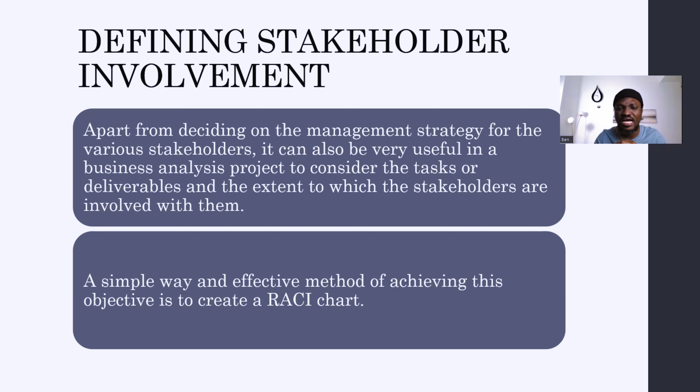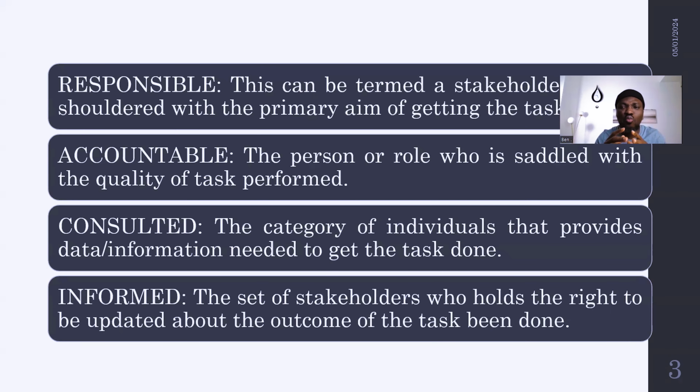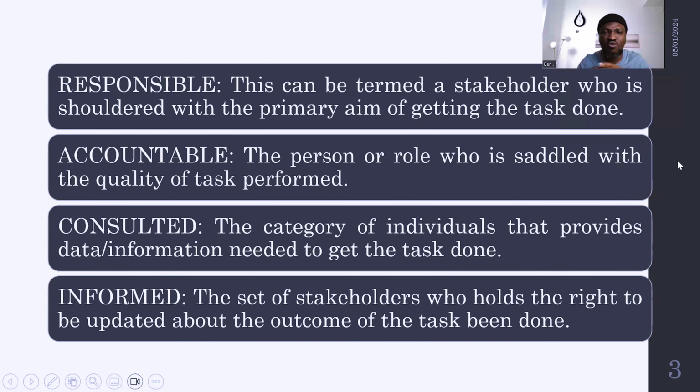A simple and effective method of getting this done is to create what we call a RACI chart. What does RACI stand for? The first letter, R, stands for responsible. Responsible is the stakeholder who is shouldered with the primary aim of getting the task done.